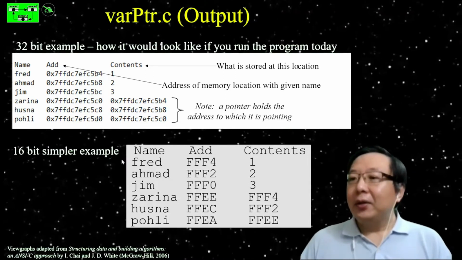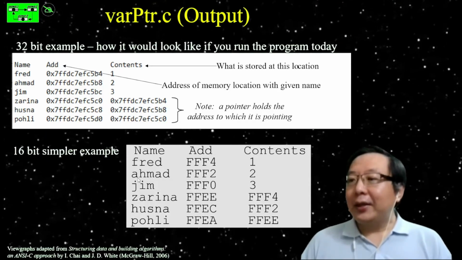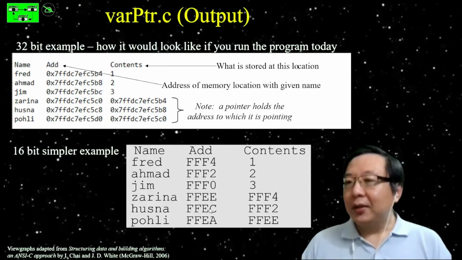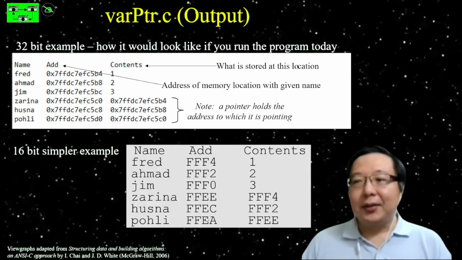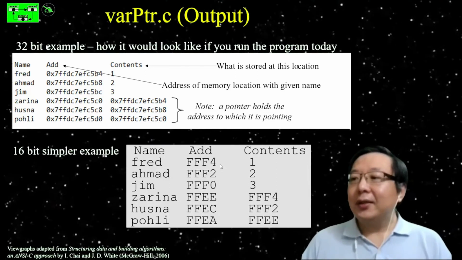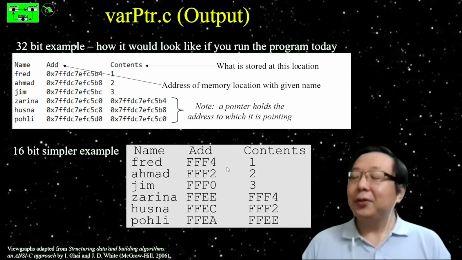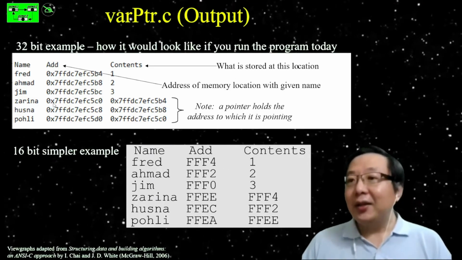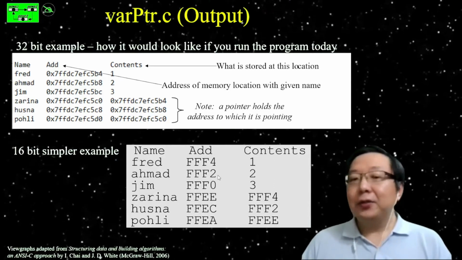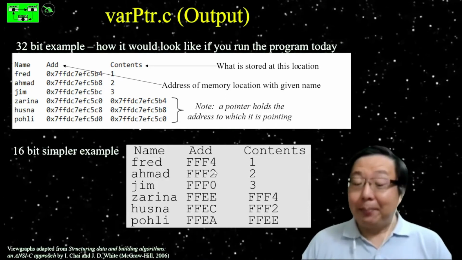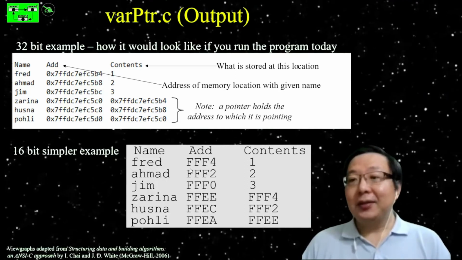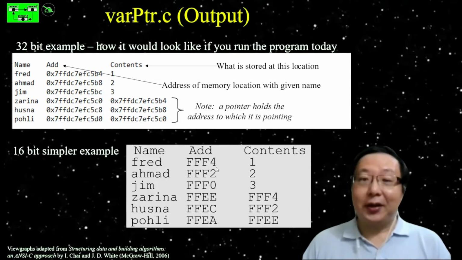Now, if you look down here, it's a lot easier to see. The reason is that this is using 16 bits. 16 bits only involve 4 hexadecimal digits, so it's a lot easier to see than this huge mess here. So therefore, in most of our examples, we will be using 16 bits, even though that's not how it is today.